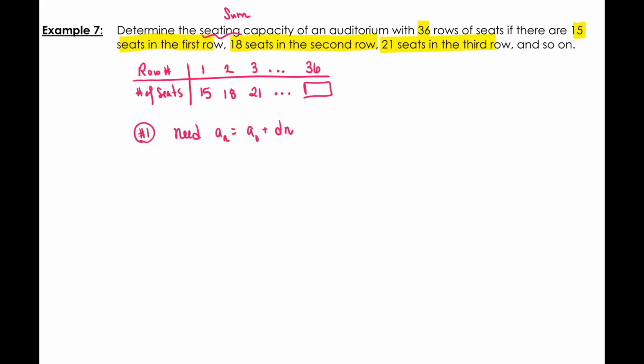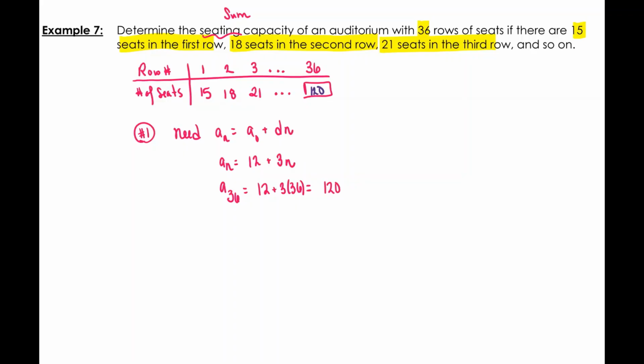Notice that your common difference here is going to be 3, and then the 0 term would be 12. So 12 plus 3n is going to be the rule for this. Therefore, a sub 36, and we get 120.